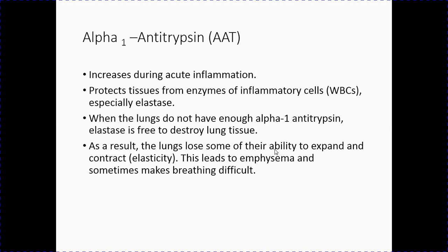If you don't have enough alpha-1 antitrypsin, and the lungs, for example, don't have enough, this enzyme elastase is free to destroy lung tissue, and as a result, the lung loses some of its capacity to expand and contract, that elasticity, which leads to severe lung disease like emphysema. Sometimes it makes breathing really, really difficult.